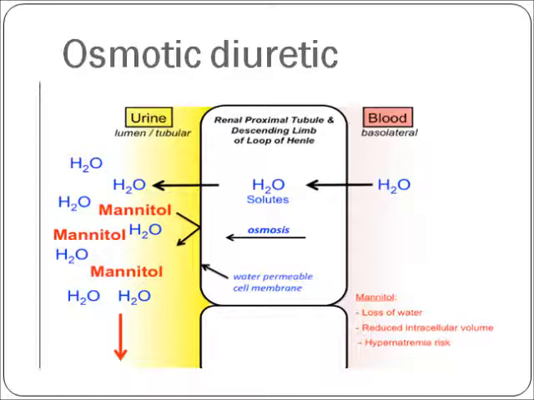It is a substance exhibiting diuretic action by increasing the osmotic pressure of the urine and inhibiting the reabsorption of water in the tubule. Therefore, serum sodium levels and serum chlorine levels will increase when osmotic diuretics are used.